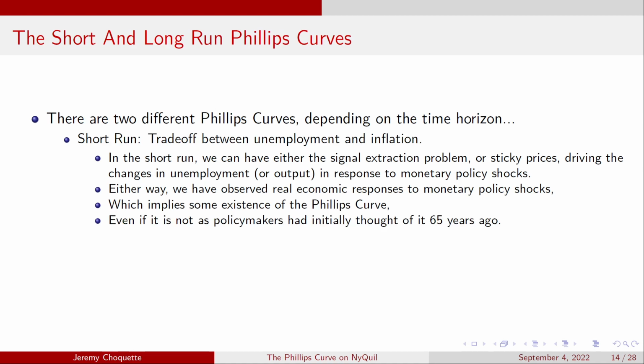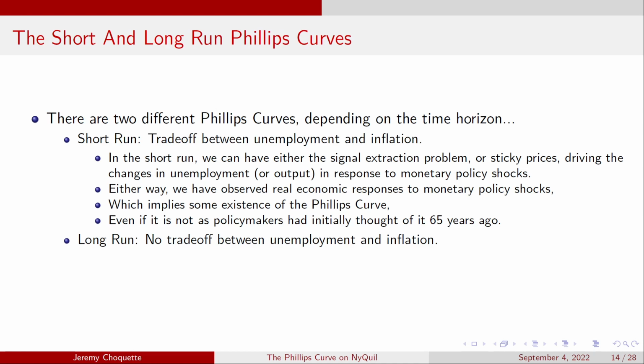Now, it may not be as tight of a fit as what was originally assumed, and it may not even be as good a fit as what was estimated 65 years ago now, but it is still a pretty decent relationship. There is still something that can be extracted from this.